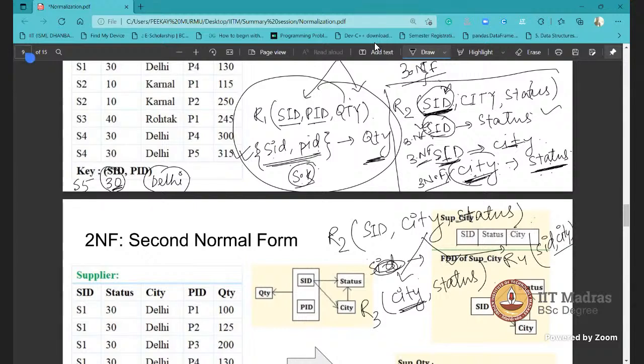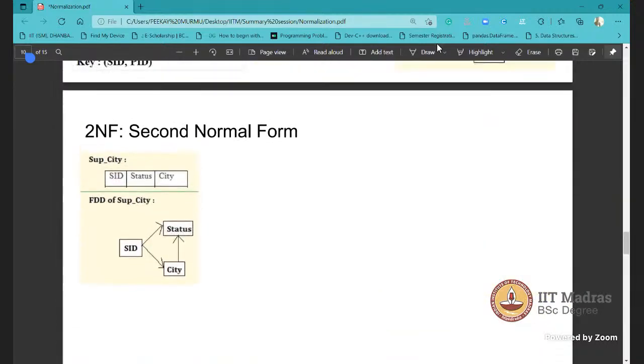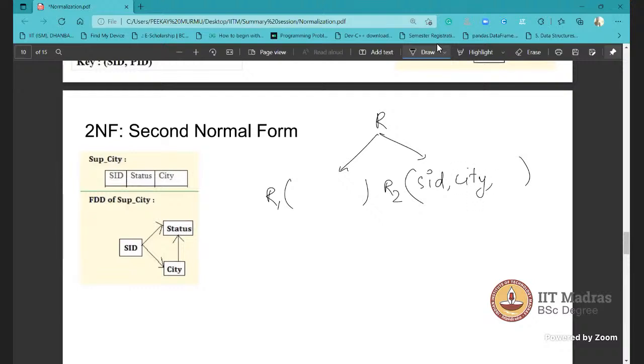So up to this you get. Let me clearly write this. R we decomposed into R2, which contains SID, city, and status, right?